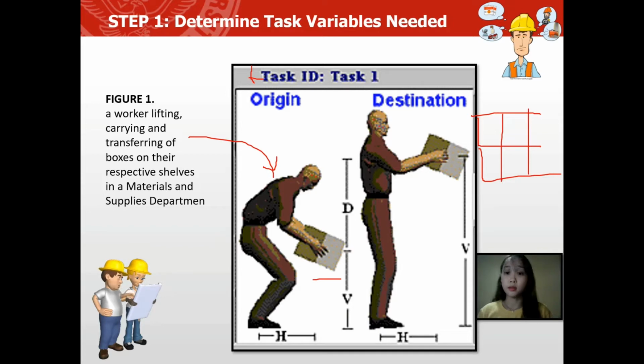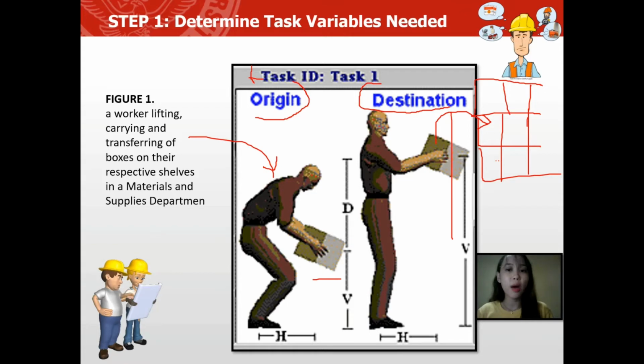For example, these are the shelves. The starting point or the origin of this lifting task is pictured on the left, and the ending point or the destination of this lift is pictured on the right. The boxes frequently need to be carefully placed on the shelves at the end of the lifting task, so we determine that significant control of the object is required at the destination.